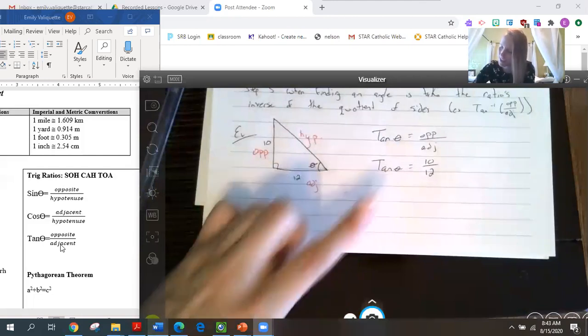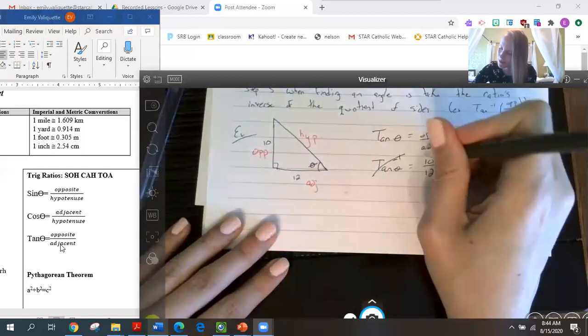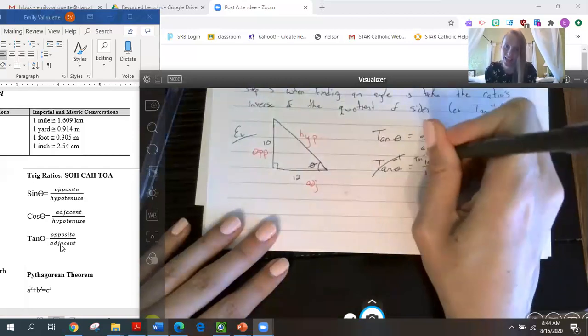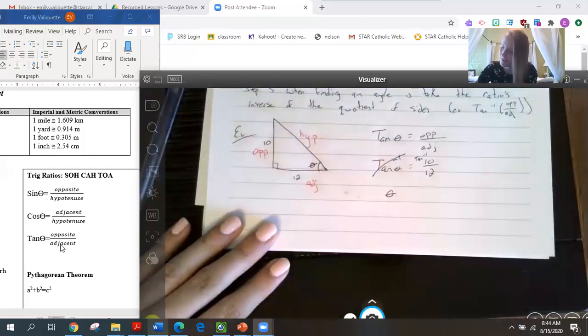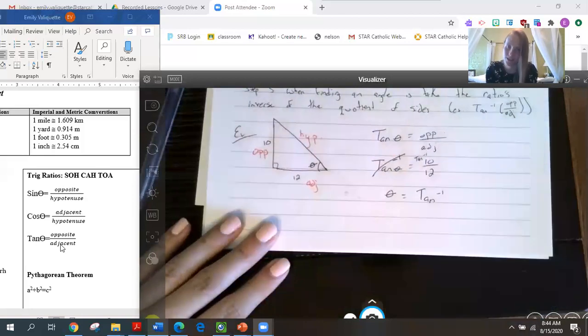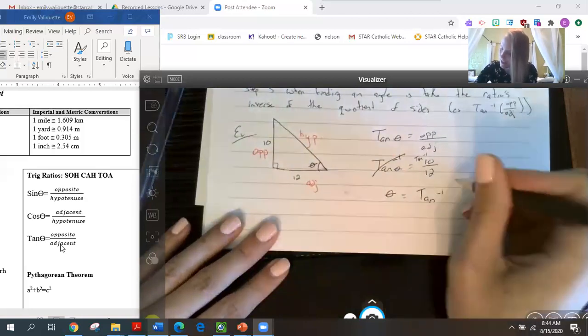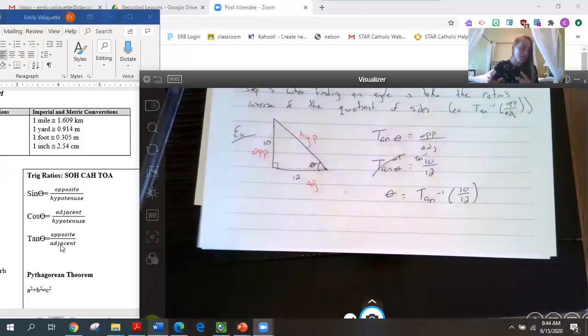So I'm going to take the inverse of tan, which we represent with just a little -1, to cancel it out. And what that means is that I then have to do the same to the other side, tan inverse. So what that will look like is my angle is equal to the tan inverse of 10 over 12. And that might look really complicated, but it's not, because there is a button on your calculator for that.